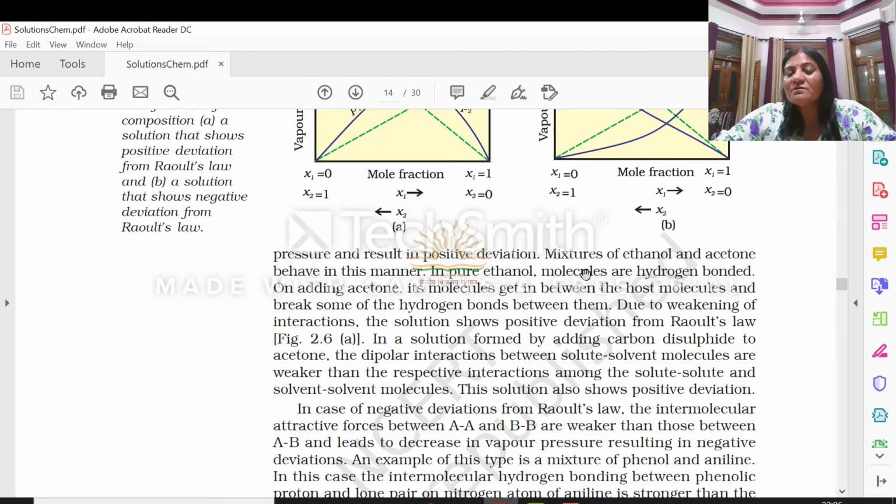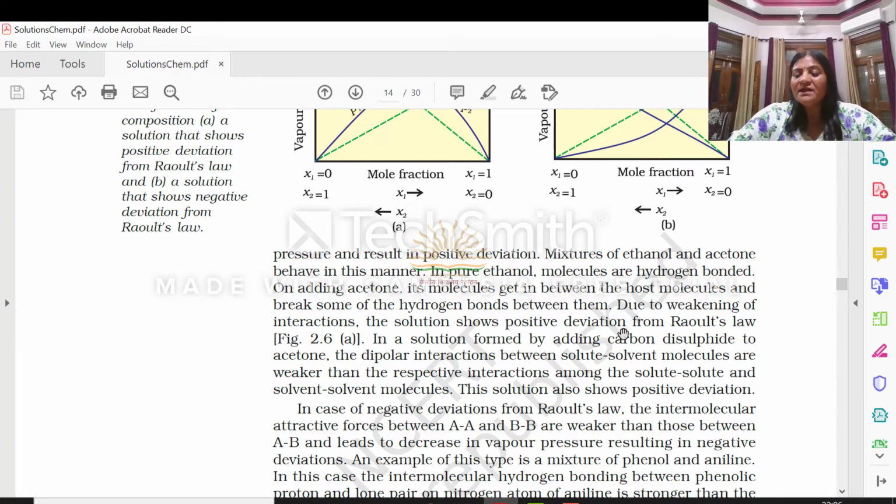In pure ethanol, molecules are hydrogen bonded. On adding acetone, its molecules get in between the host molecules and break some of the hydrogen bonds between them. Due to the weakening of the interaction, the solution shows positive deviation.